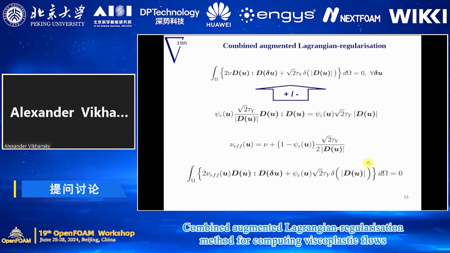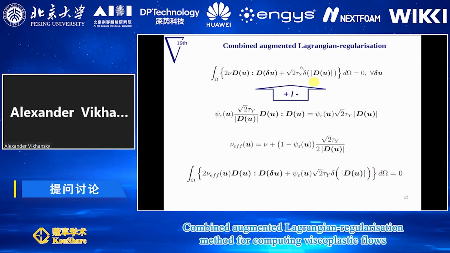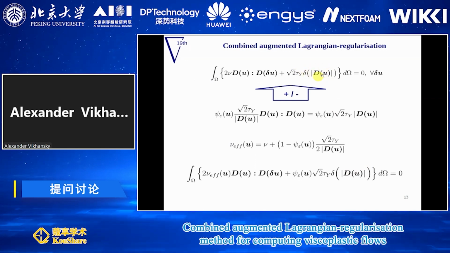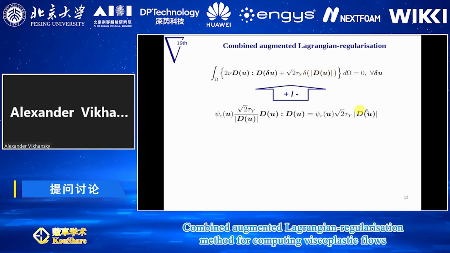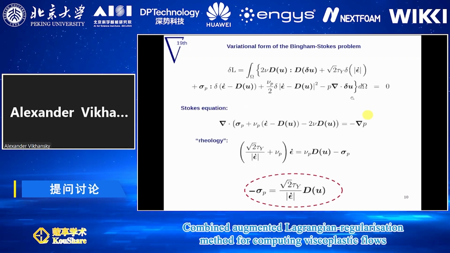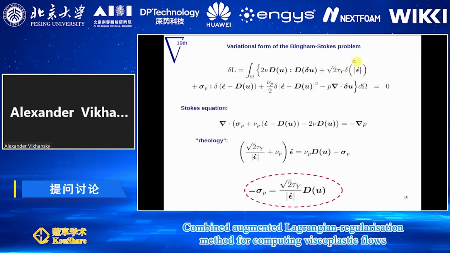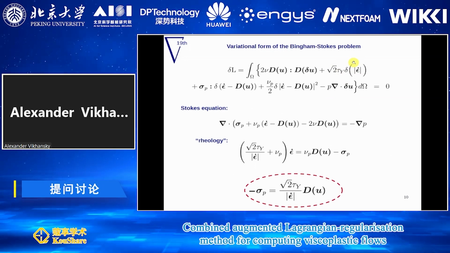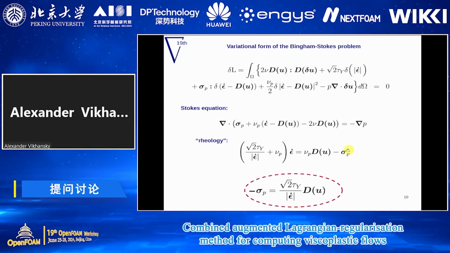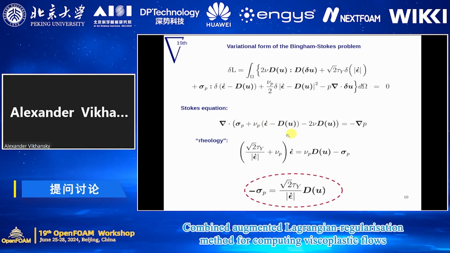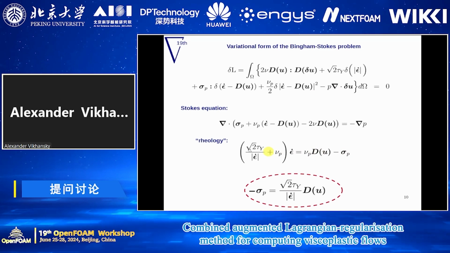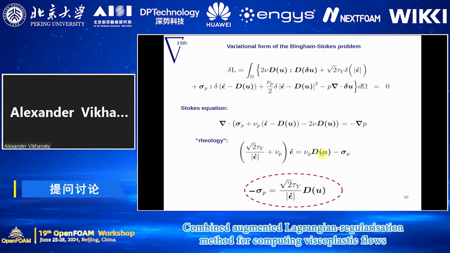It's slow because this term is, okay, probably I go here. This term is non-differentiable, and to avoid it, we introduce an extra dummy variable, and for that dummy variable, we have this equation.